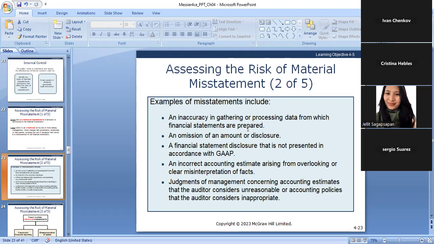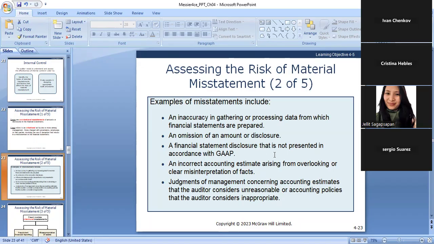When you post the client invoice, that doesn't reflect the revenue on the GL account. Omission of the amount or disclosure. So basically we purposely ignore the sales at the end of the period. Why? Because we want to flip the revenue from one period to another period. But that will be intentional now. Financial statement disclosures that are not present.